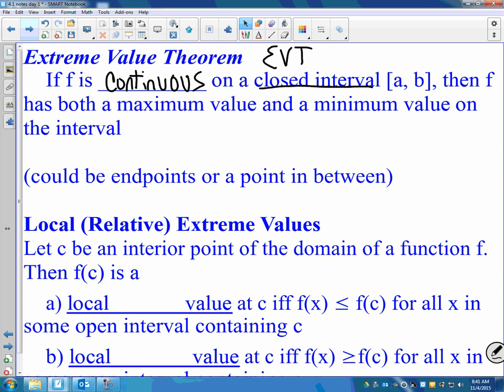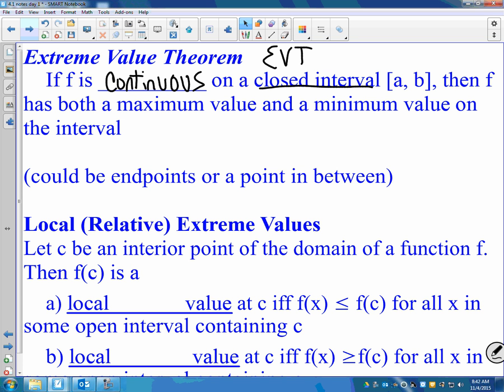That's the only way that you can guarantee that it will always have one. The big part of your homework today is to say whether it meets the Extreme Value Theorem, and if so, what the max and min values are. Notice I said it could be the endpoints, but it also could be a point in between. Over the next couple of days we're going to talk about how calculus helps us find a point in between.